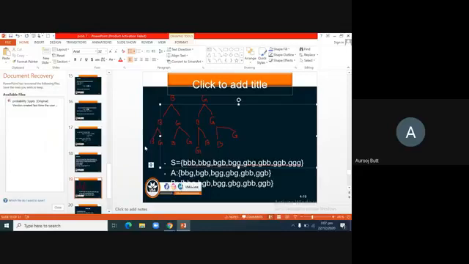Now you need to determine whether the events are independent or not.